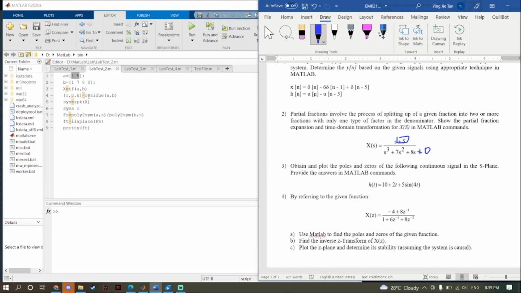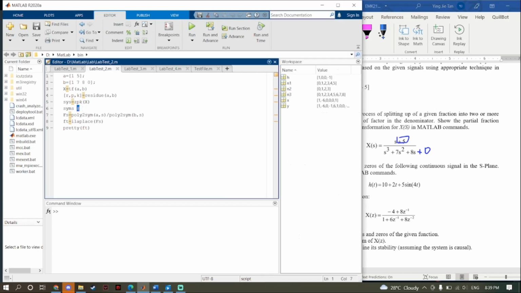Okay, and then next we are going to use this formula to calculate our RPK, and the RPK stands for residue, poles and constant, and this is our S domain. So right here, this is our formula equation.